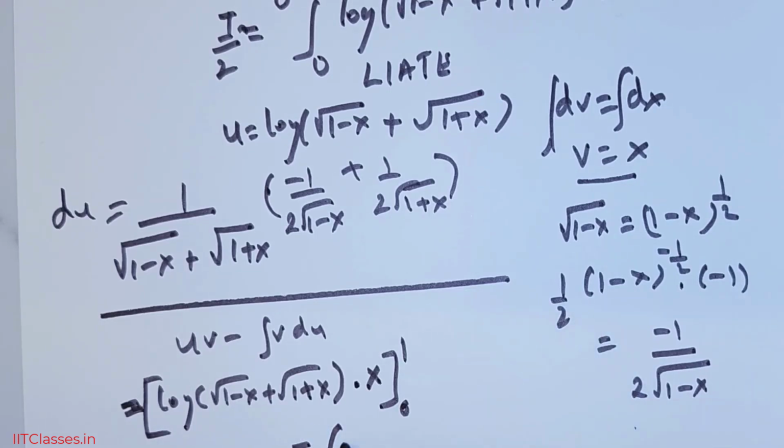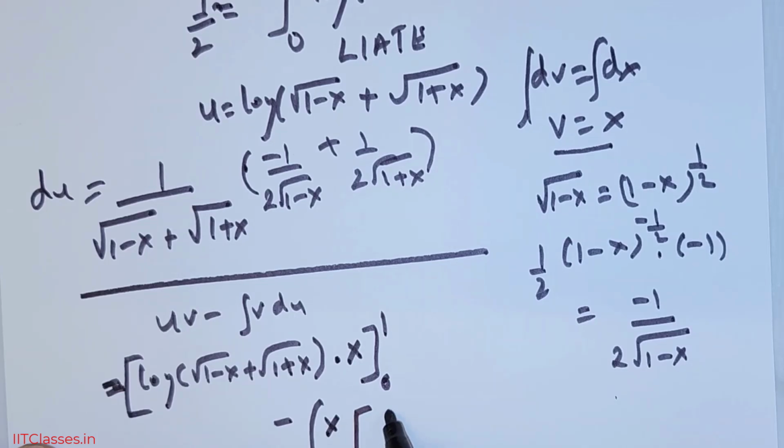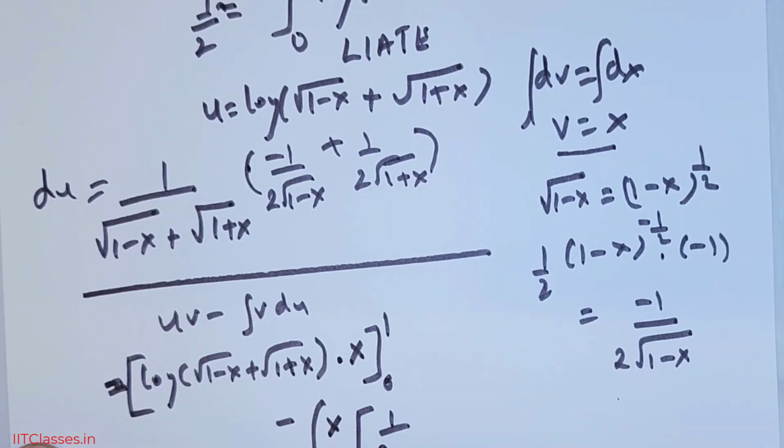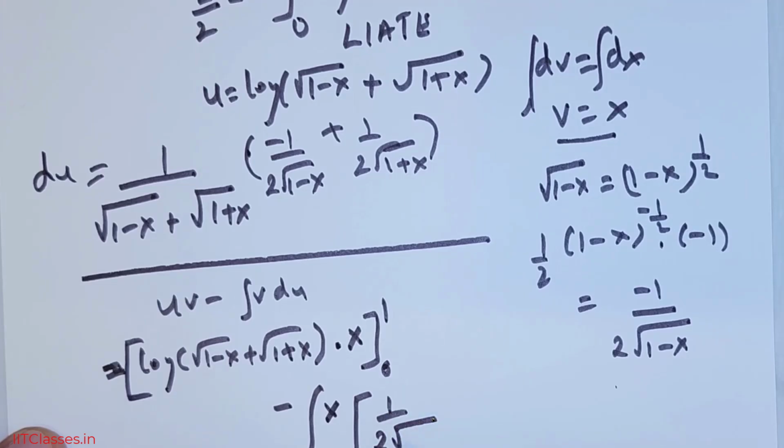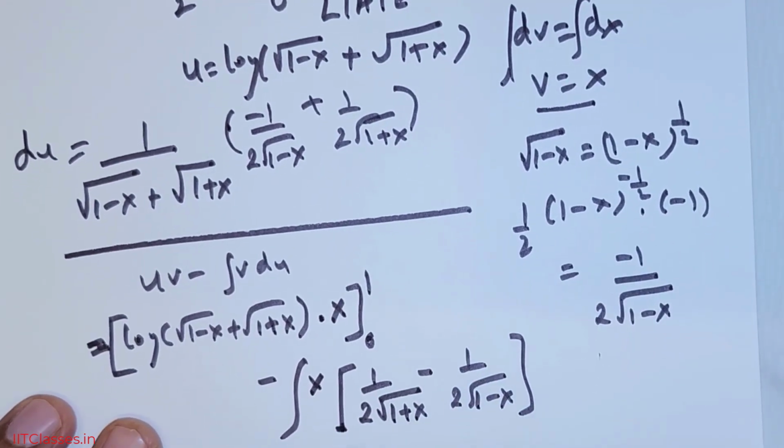V is x and my du is this entire quantity, so I'm going to rewrite it. Let's see how it looks. It's going to be 1 over 2 times the root of 1 + x, minus 1 over 2 times the root of 1 - x.